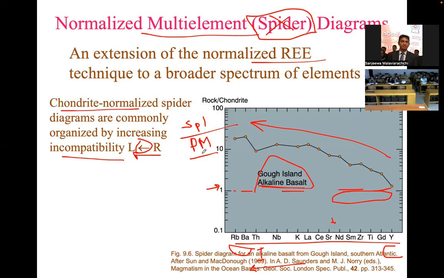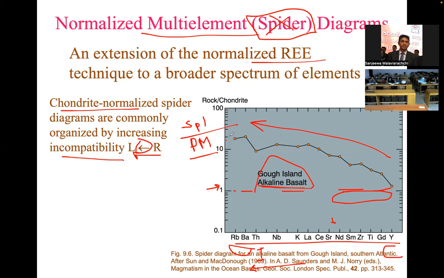Here we graphically represent how the rock has evolved, whether they have suffered some kind of compatible element issue, or incompatible element issue, right? In this case, we can see clearly the rock has suffered some kind of enrichment in terms of incompatible elements, right?